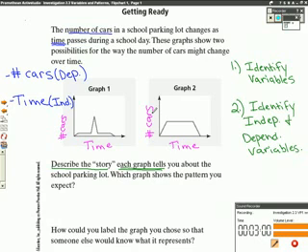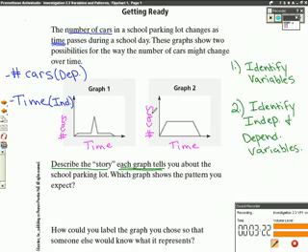Once you get that information down, we're going to start reading the graphs. We're going to read each one and see which one seems to make sense with our situation. And then we just have to explain why we picked that story to go with that particular graph. All right, so here we go.